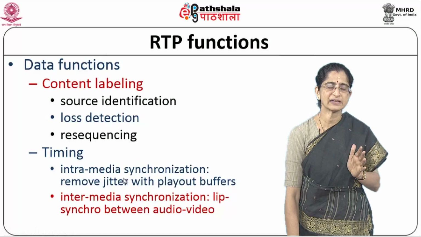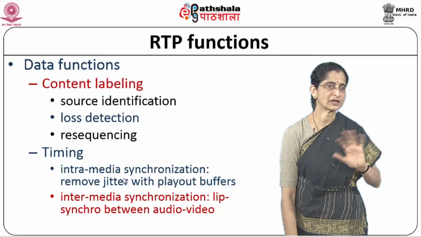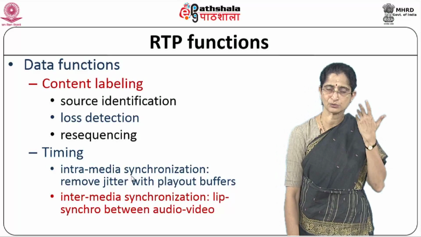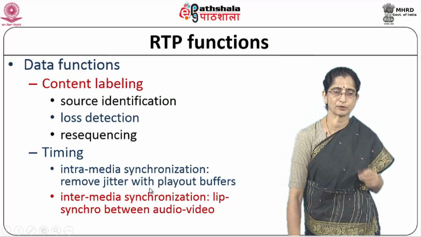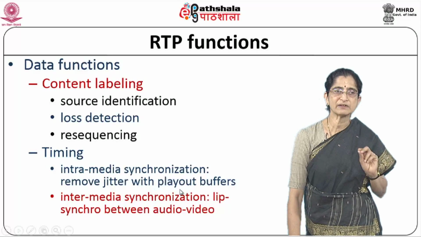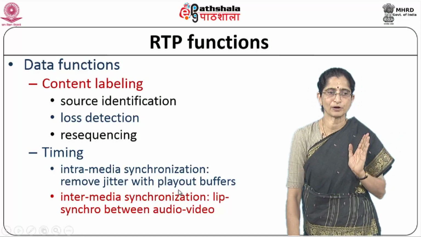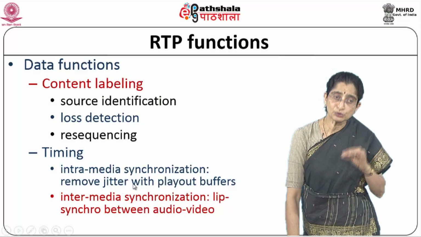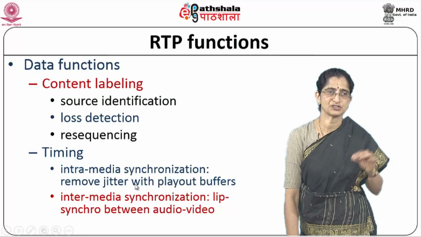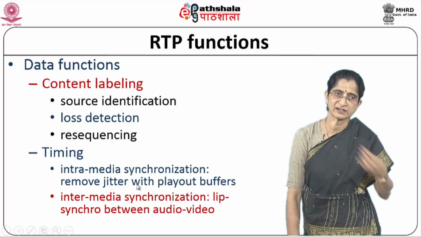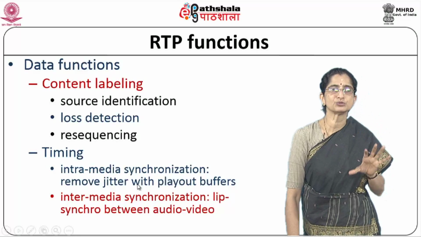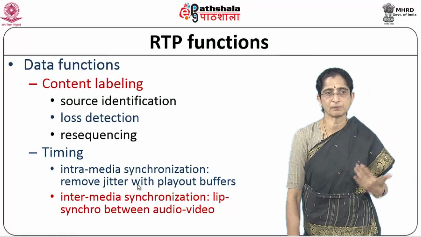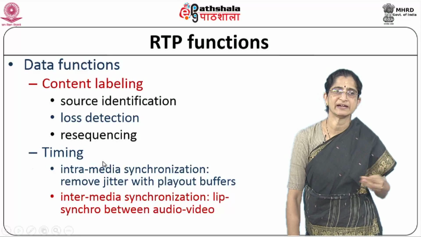Because of variation in delay, you will get a very unstable kind of picture, or you will not hear the audio properly. We know that with playout buffers, by delaying the playout point, you can take care of these things. But to do this, I need to get some idea about the jitter. So, you must be able to calculate jitter, you must be able to identify what is happening. In order to do those kinds of functions, RTP will provide some support, by means of the timing data that it carries.